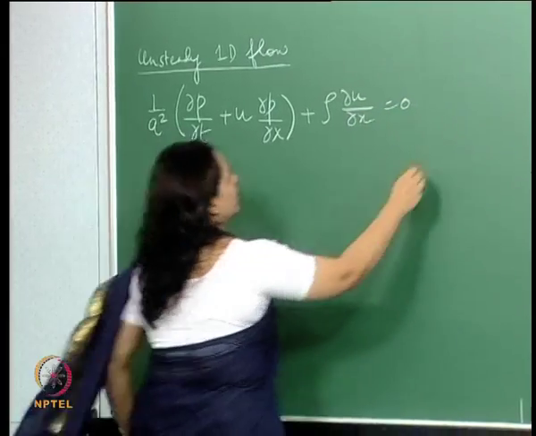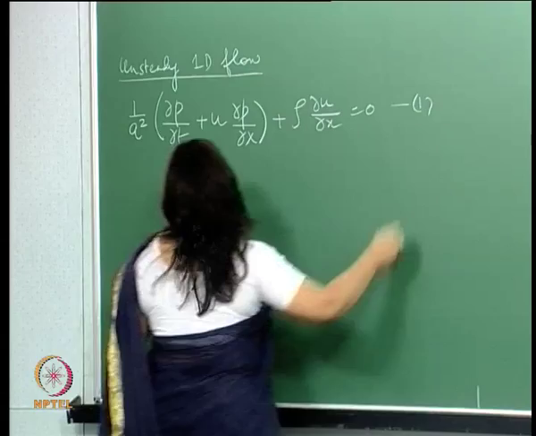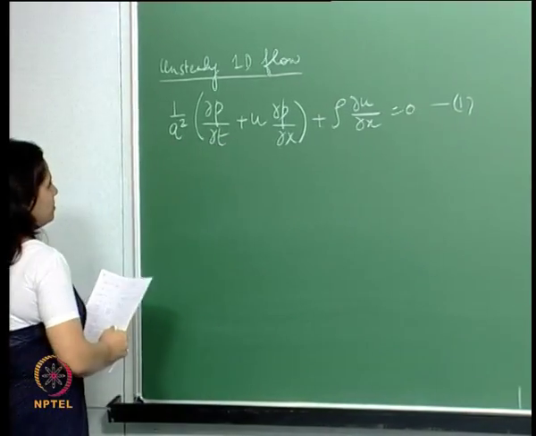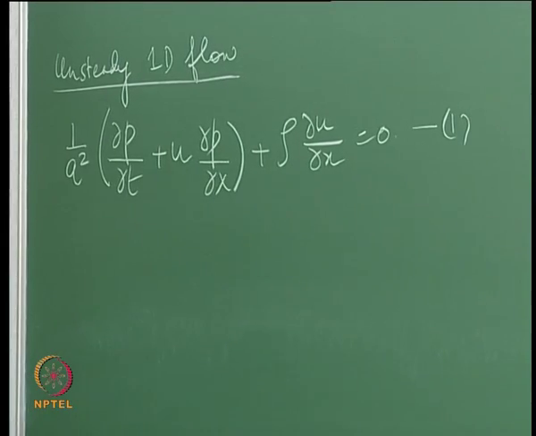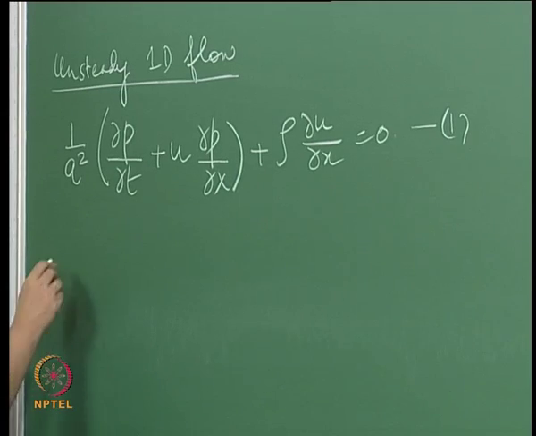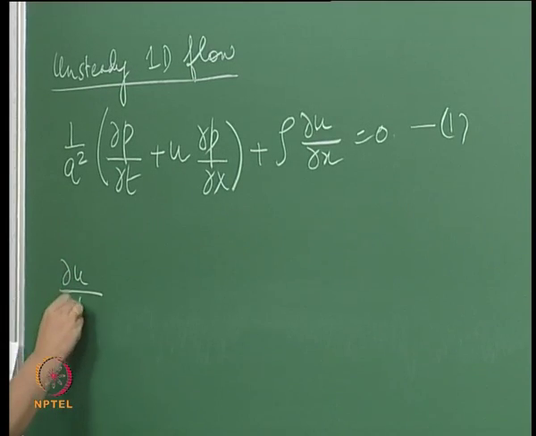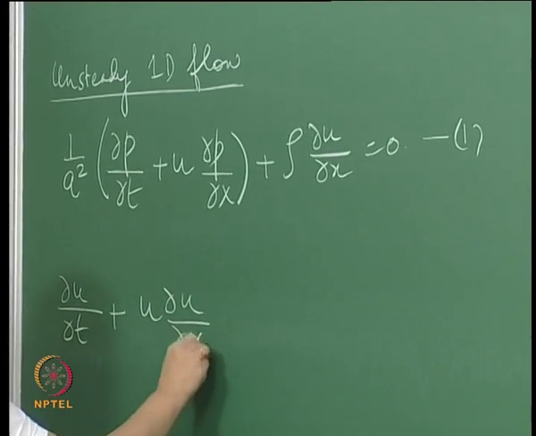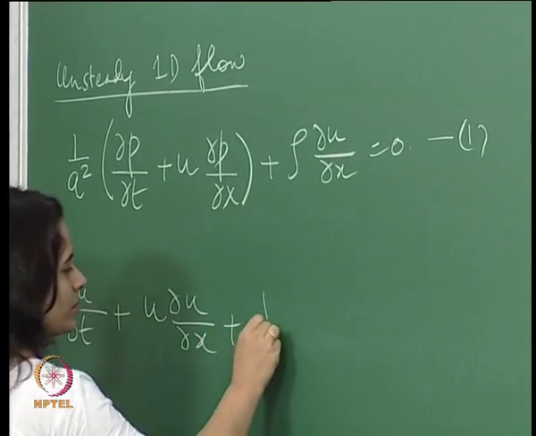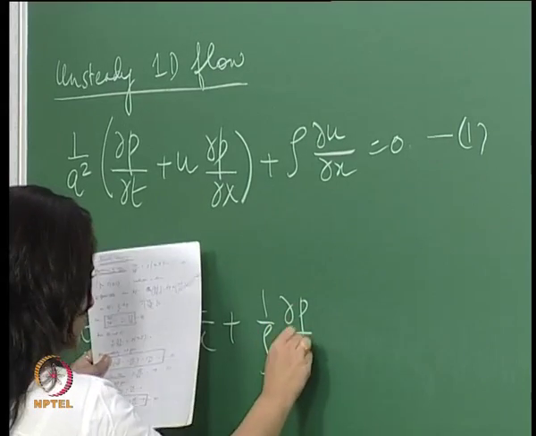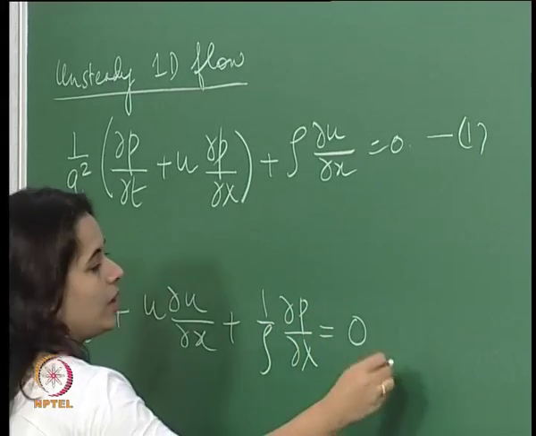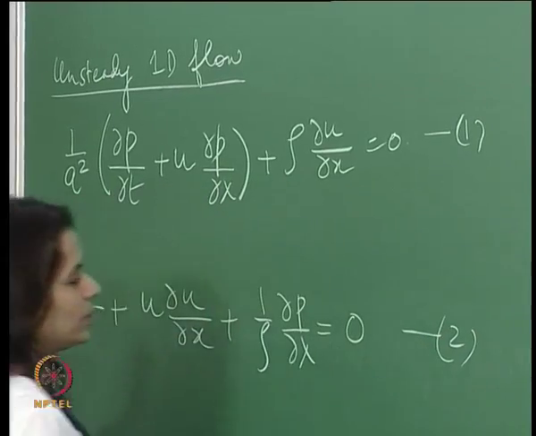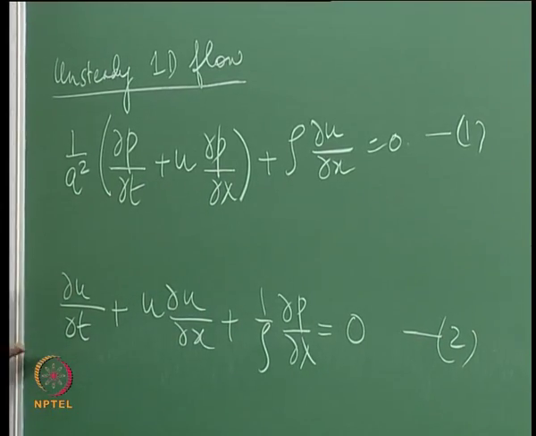Okay. So let's call this equation 1, and this is from the continuity, and from the momentum conservation what we got was this. So this is the other, the momentum conservation equation.